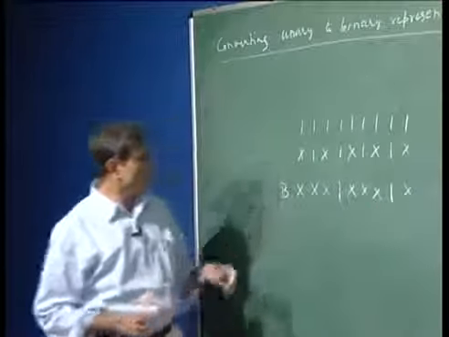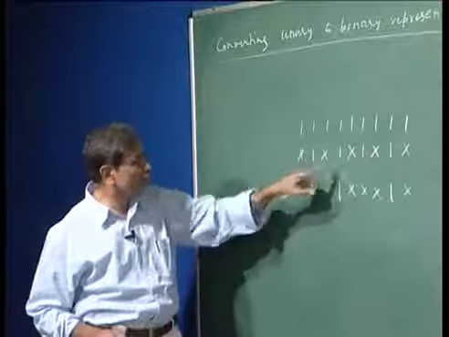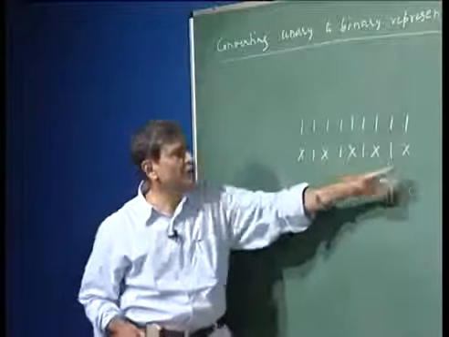So, now you see what has happened: this one you could check off, this one you could check off, and there were no other ones.